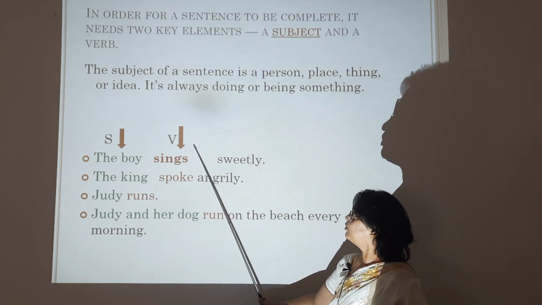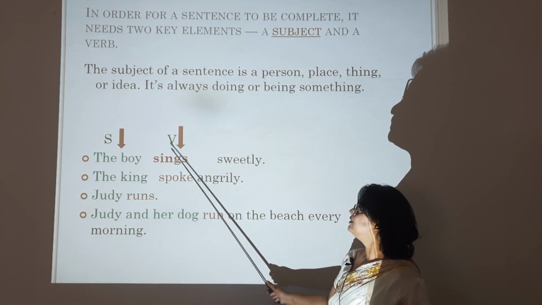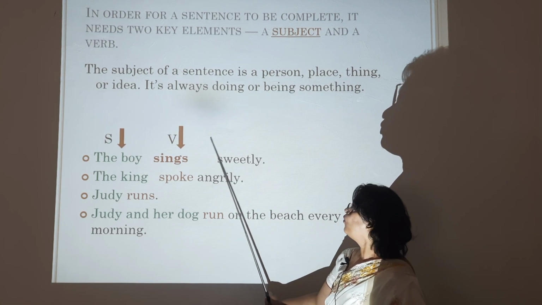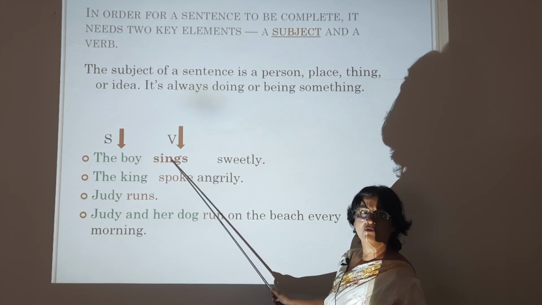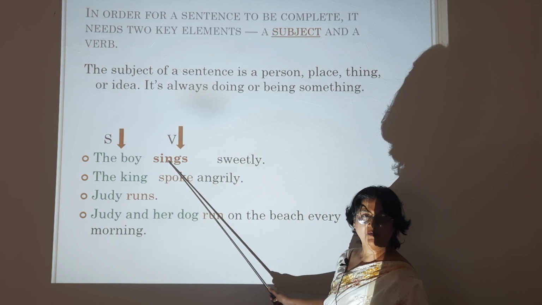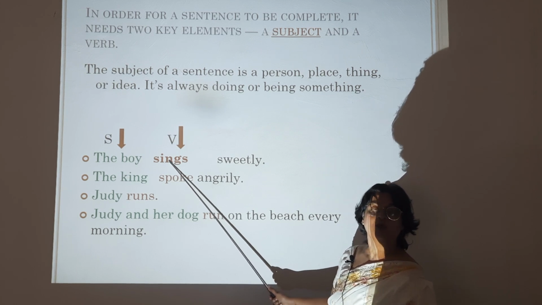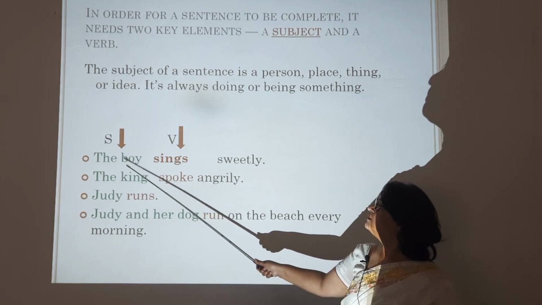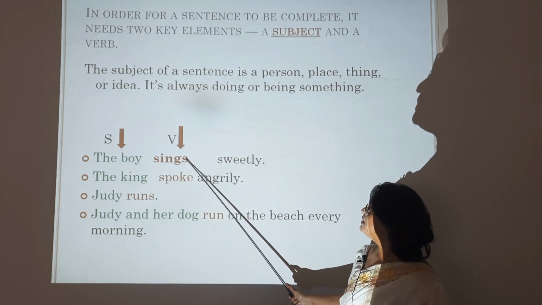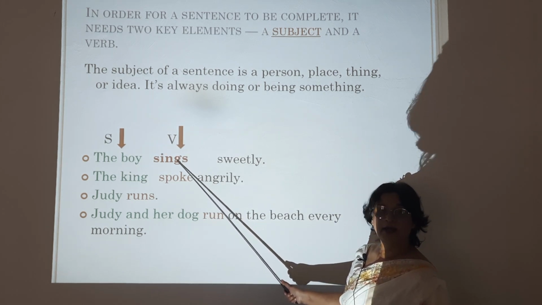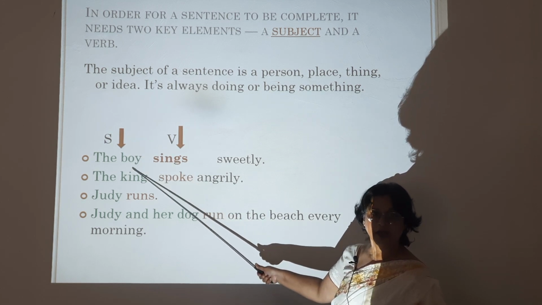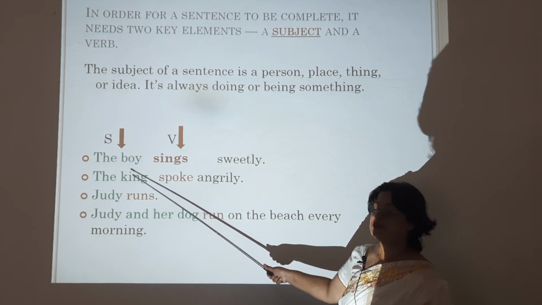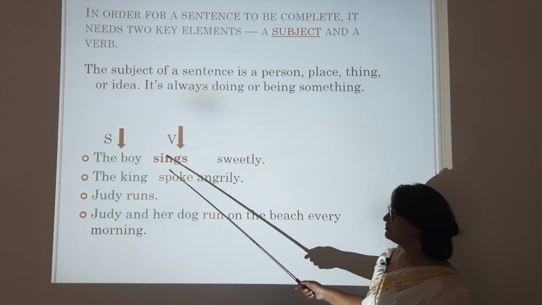We are not concerned about this part of the sentence, see, the boy sings sweetly. We don't want this part. What is main important is, first we identify the verb and then we question, who sings? The boy sings. That's the reason when we put the question to a verb and you get a direct answer, then you know that is the subject.